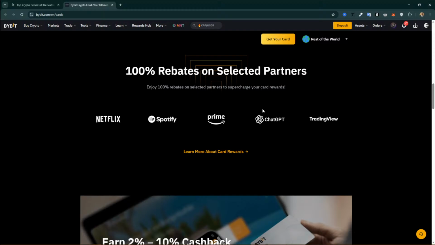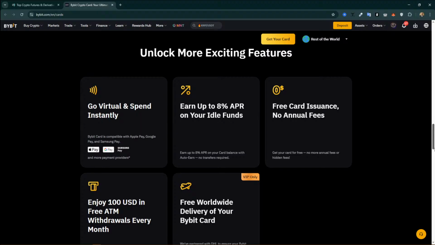cashback and rewards on everyday spending, and unlock more exciting features like instant virtual spending and up to 8% APR on your idle funds, free card issuance, no annual fees, enjoy 100 USD free ATM withdrawals every month, free worldwide delivery of your ByBit card.